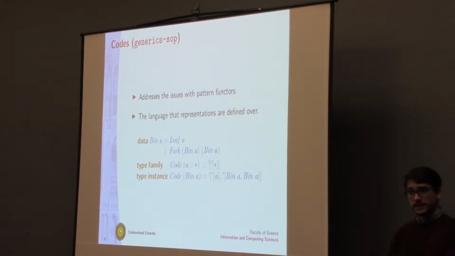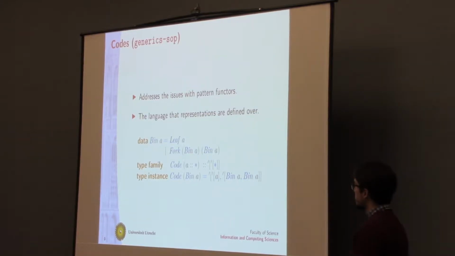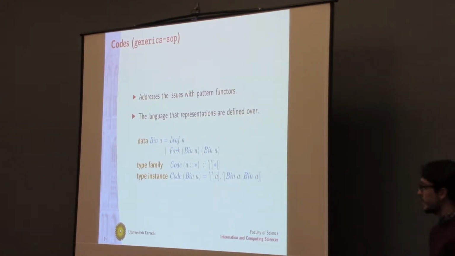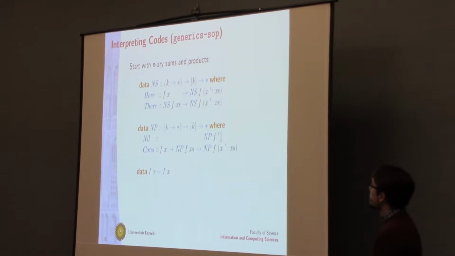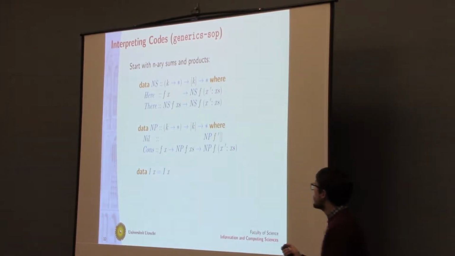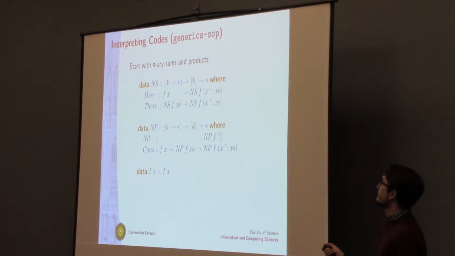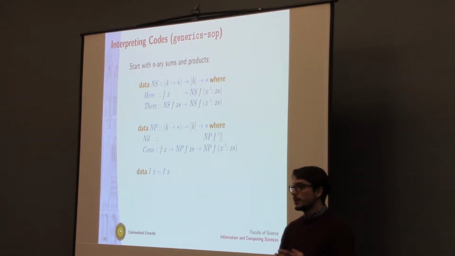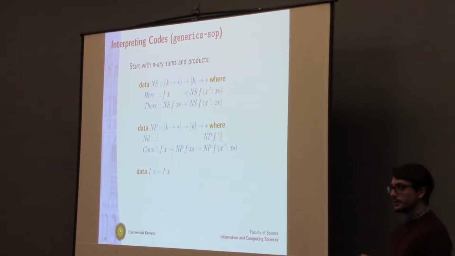So we are going to be reflecting the sums of products structure into a nested list of stars, which contains the types there. Now, mapping this back to star might be a little bit tricky, but if we digest this, we actually see it's quite simple. So the NS stands for an n-ary sum, which is what we're going to be using to select which constructor was used.